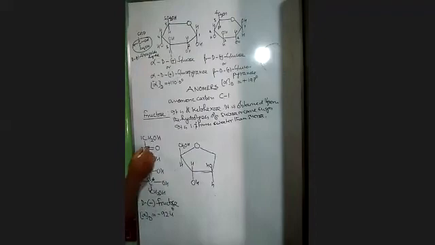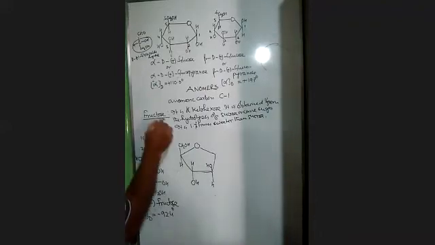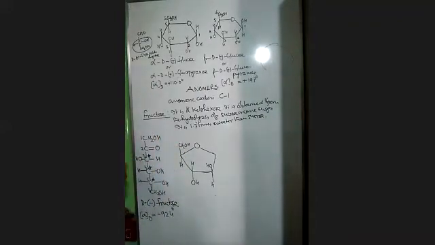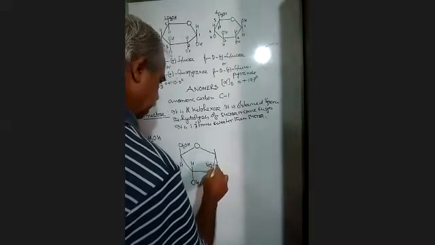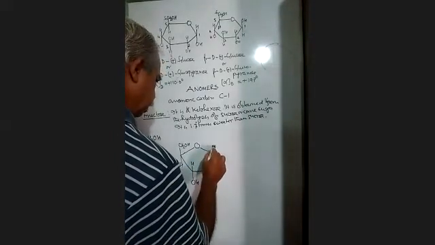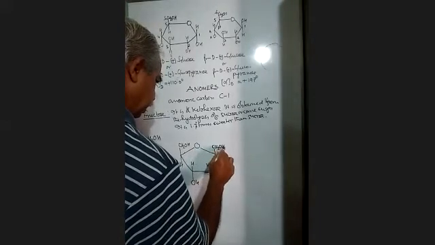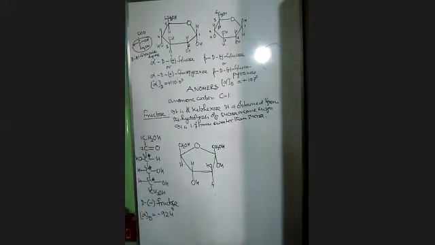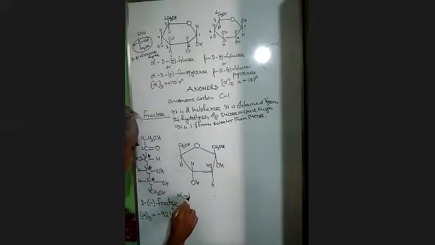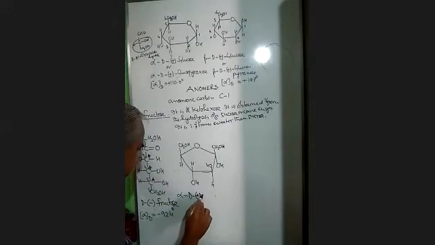Now when this goes and attacks, I told you if it attacks from above, then this will go down, and if from below, then this will go up. So when the wedge group is below the ring, what do we call it? Alpha. So this is alpha D minus fructose.